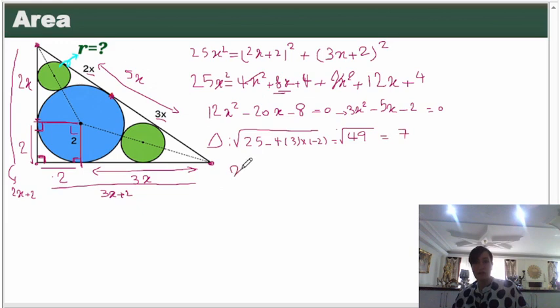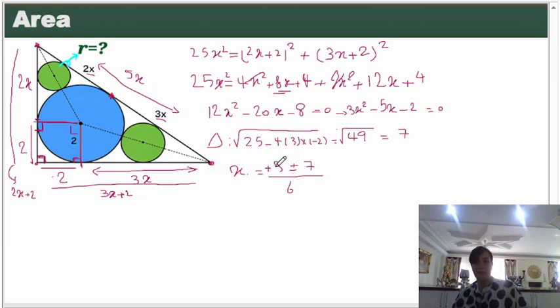So to find x, I say x equals negative b plus or minus this delta, which is 7. Let me substitute the value of b. b here is negative 5, and negative b would be positive 5, divided by 2a, which is 6.